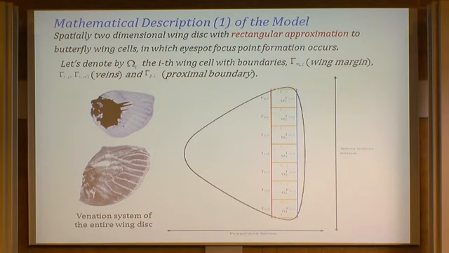Gamma V is the vein, and gamma P is the proximal boundary. Sometimes this one is the marginal vein. This is the anterior-posterior direction, and this is the proximal-distal direction.